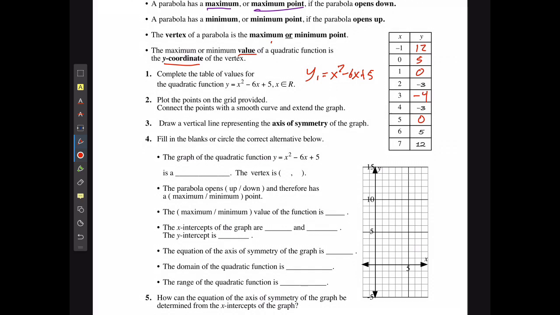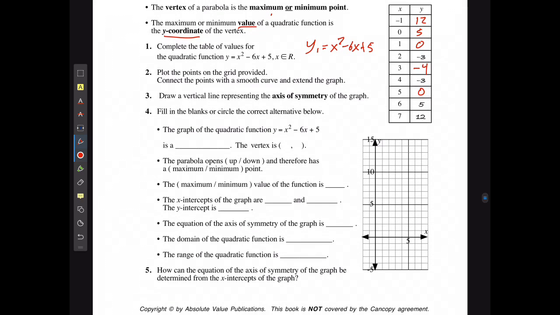I'm going to plot these points on the graph. So I'm going to start at my point of -1 and 12. Then I go to 0 and 5, 1 and 0, 2 and -3, 3 and -4, 4 and -3, 5 and 0, 6 and 5, and 7 and 12.